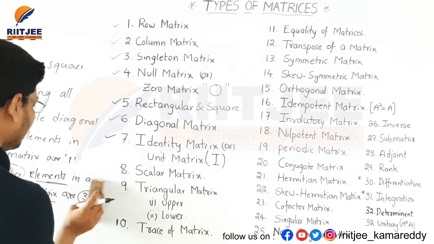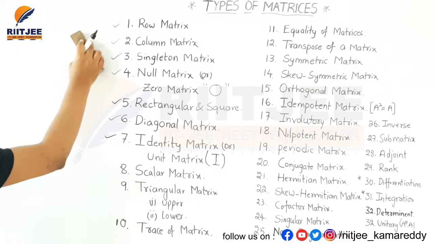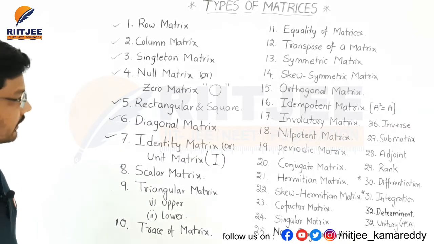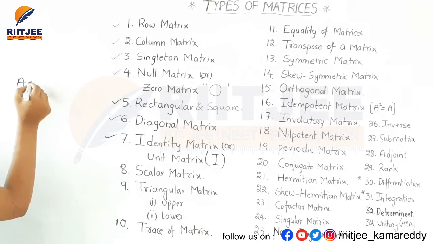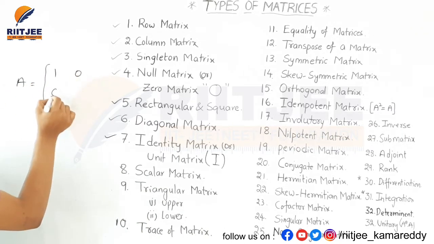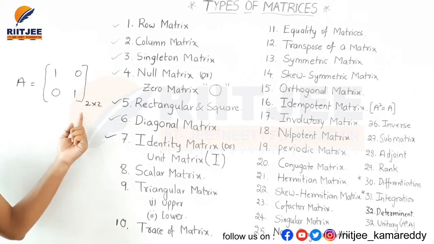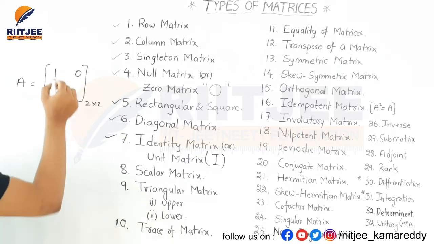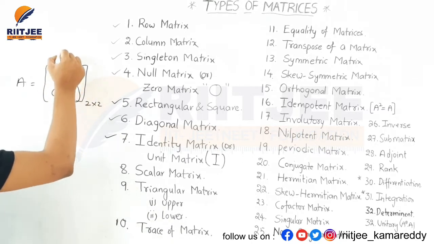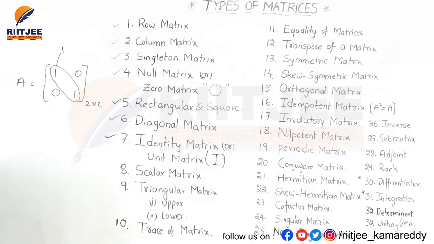Let us see an example of an identity matrix here. For example, A is equal to 1 0 0 1 of order 2 by 2. It is a square matrix of order 2 by 2 and has principal diagonal elements as 1 and other elements as zeros. So this is an identity matrix.